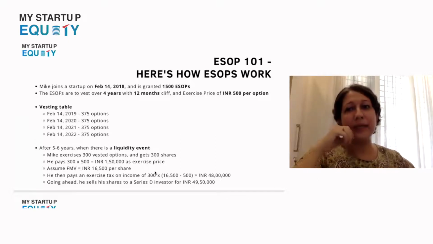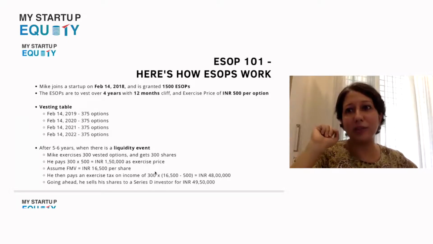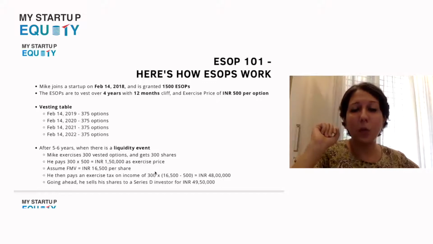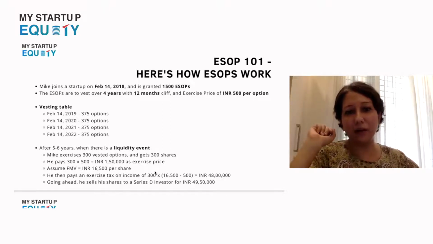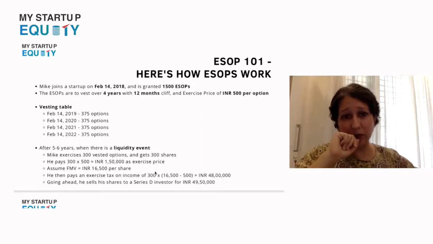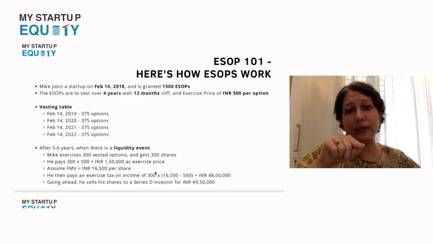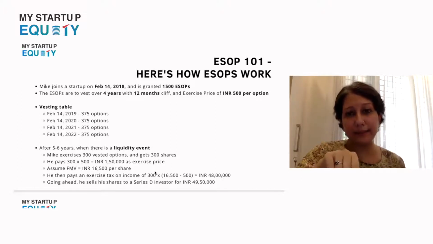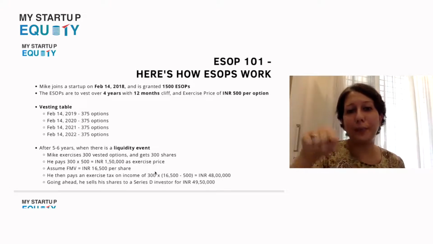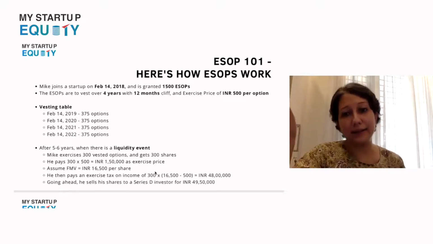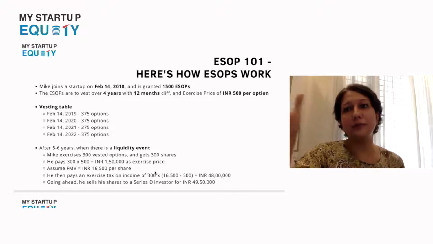At the end of the day, in India, taxation on ESOPs happens twice, once on the exercise and once on the sale of the stock itself. So now when he has to exercise his ESOPs, he will have to pay an exercise tax on the amount that comes to him.